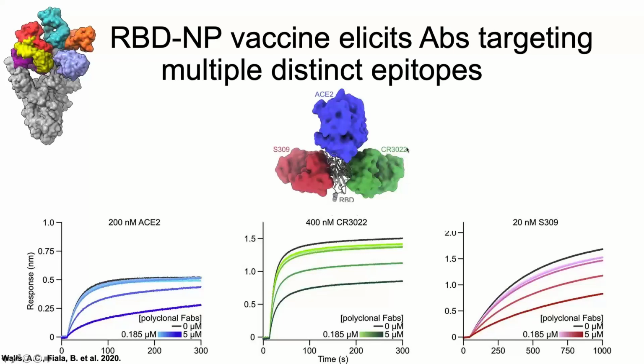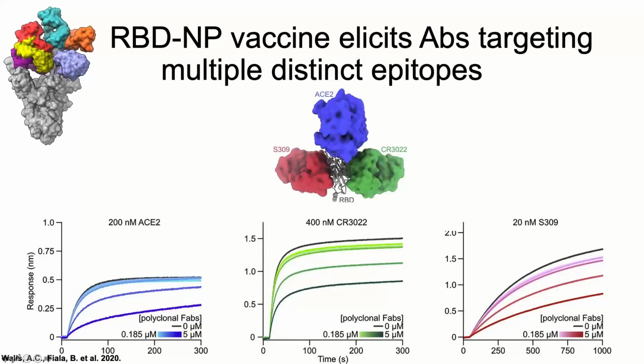We can do the same thing with CR3022, which mimics a similar style of antibodies to the ones I showed earlier. And we can also show this for S309, which is the back end receptor binding domain antibody that is moving quickly through clinical trials. And so we can elicit this really broad response.